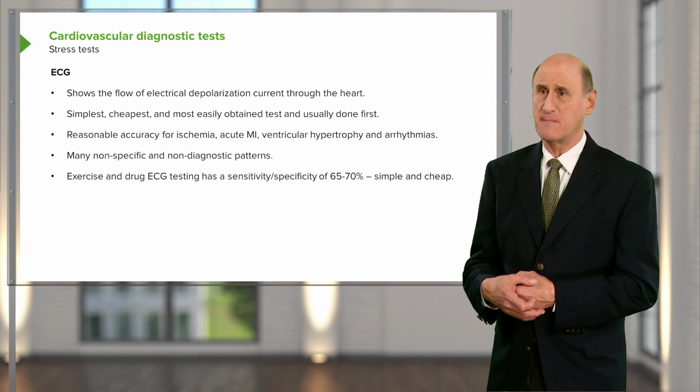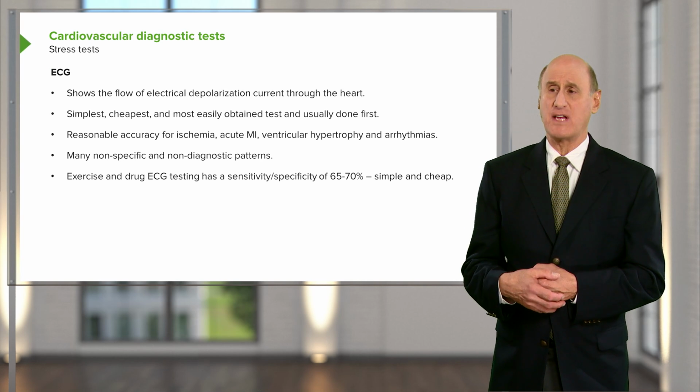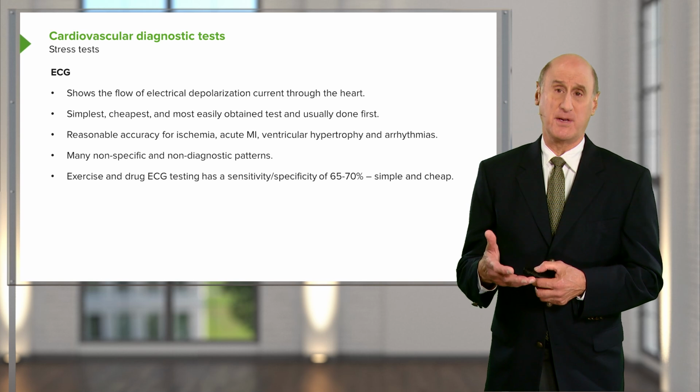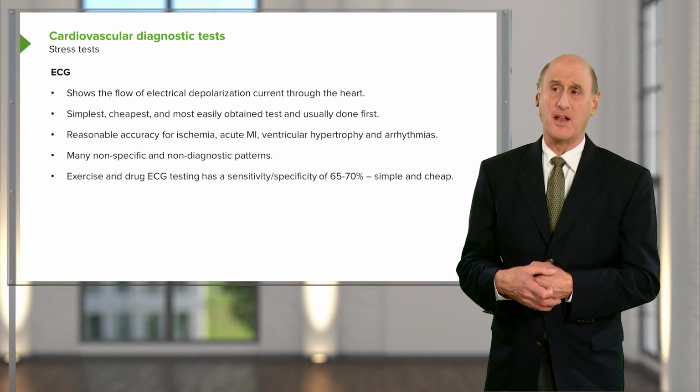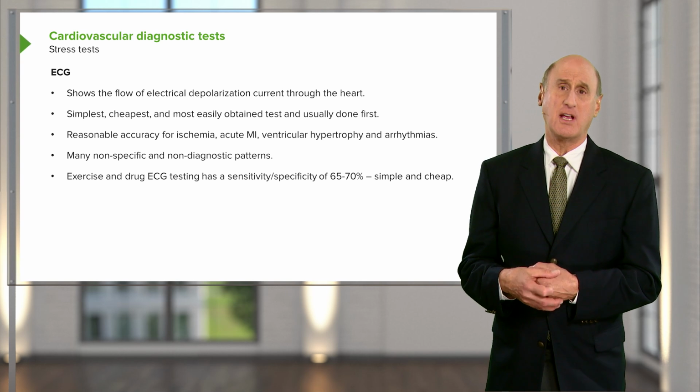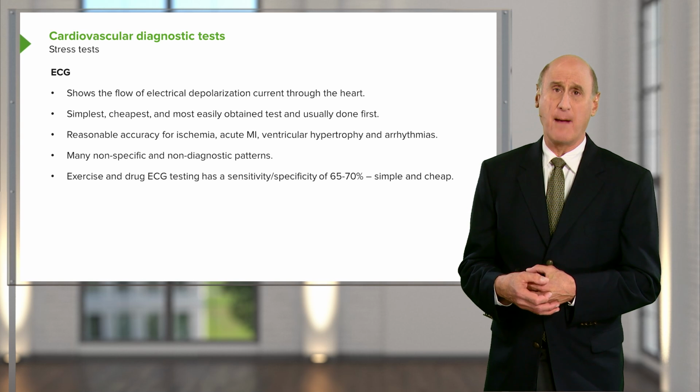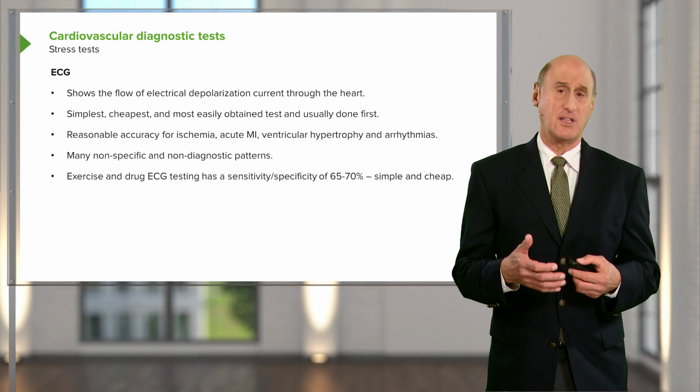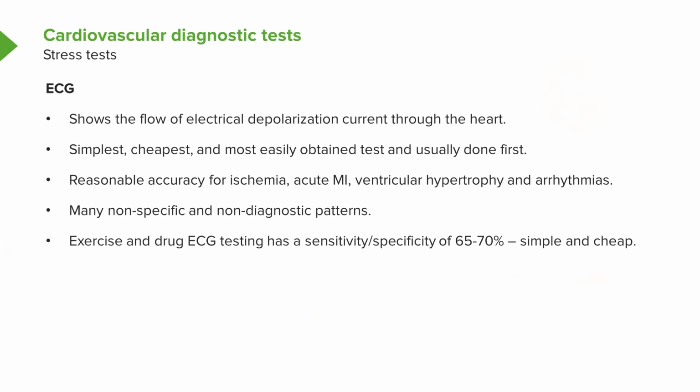Now, the EKG stress test is the simplest, the cheapest, and the most easily done of all the tests. The only imaging is with the electrocardiogram, and there are specific changes in the electrocardiogram which suggest that there is ischemia present. It's the least accurate of the tests, but it's the simplest and the cheapest, and so often it's the first test that we do.